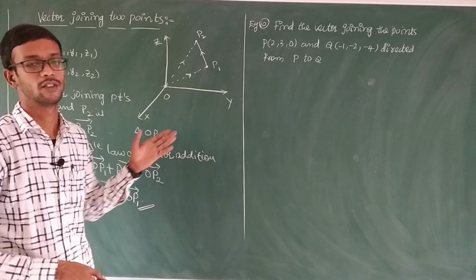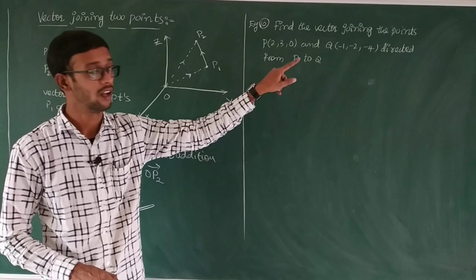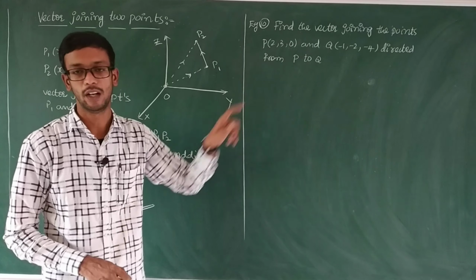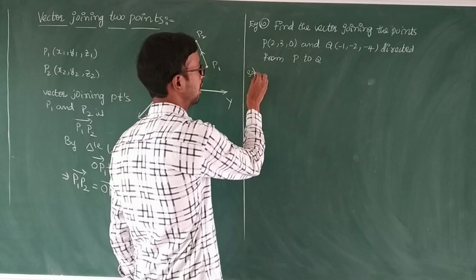So based upon this, one example problem. Example problem number 10. Find the vector joining the two given points, directed from P to Q. Solution here.